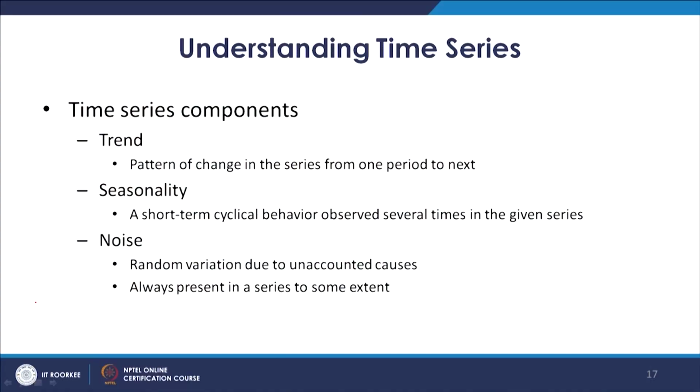Now, the second component is trend. What do we mean by this? It is the pattern of change in the series from one period to the next. For example, if we look at stock market performance and the BSE index, and at the pattern in the series from one period to the next, this pattern reflects the presence of a trend.